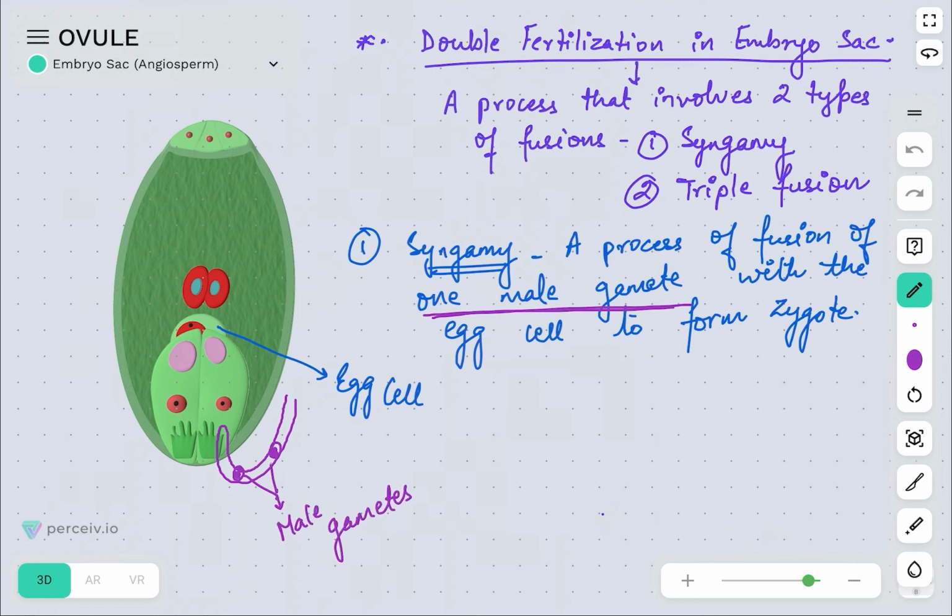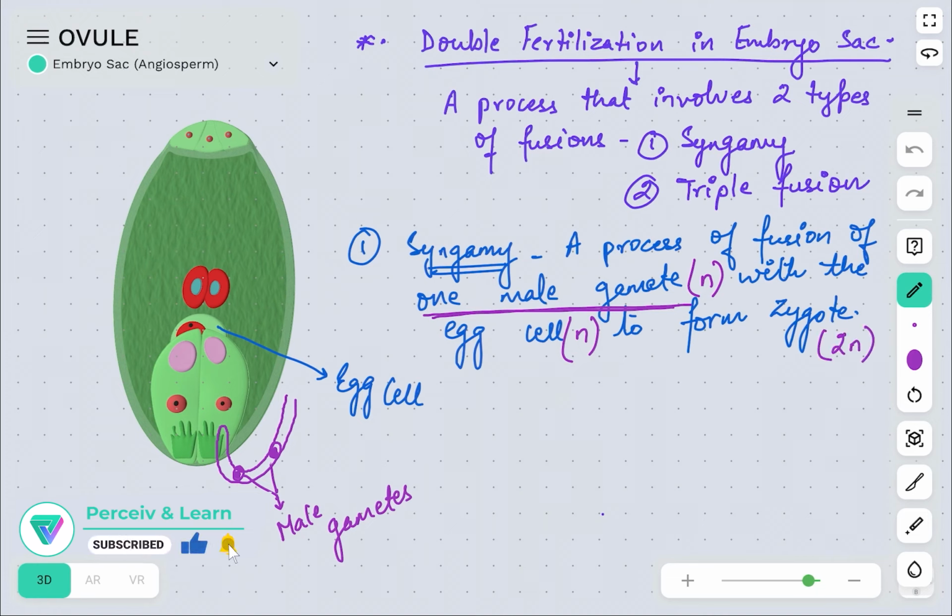Of these 2 male gametes, one will be released in the chamber of the synergid and it is going to fuse with the nucleus of the egg cell. This male gamete is also haploid and this egg cell is also having a haploid nucleus. So when they are fused, they will form a diploid zygote. So this is about the syngamy.